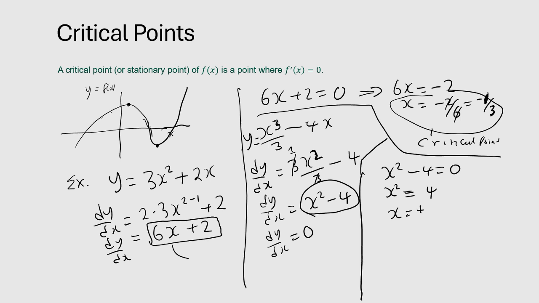Since the power is even, it will be plus or minus, and x will be plus or minus 2. We have two critical points, plus 2 and minus 2.